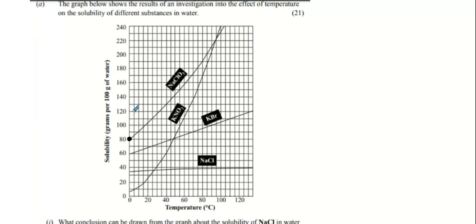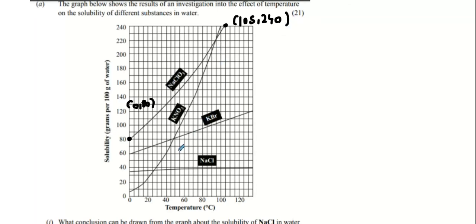So it means that at 0 degrees you can dissolve 80 grams of it in 100 grams of water. Then at the very end, at 105 degrees, we can dissolve 240 grams of this one.